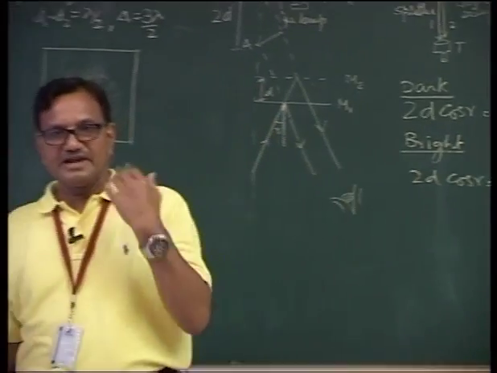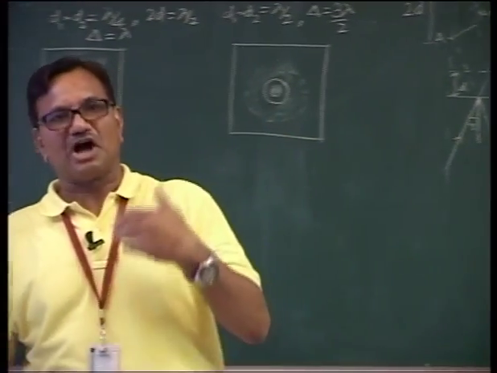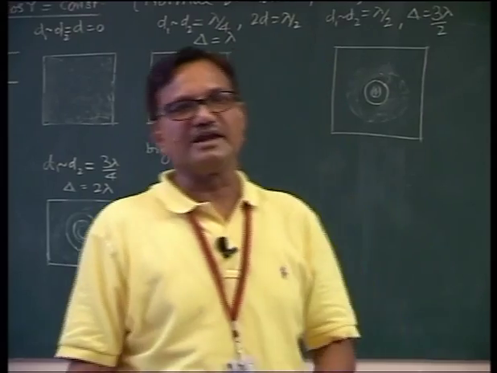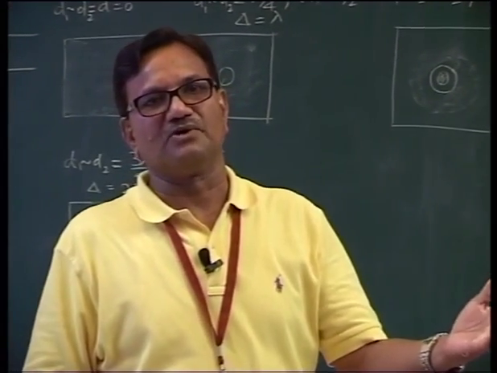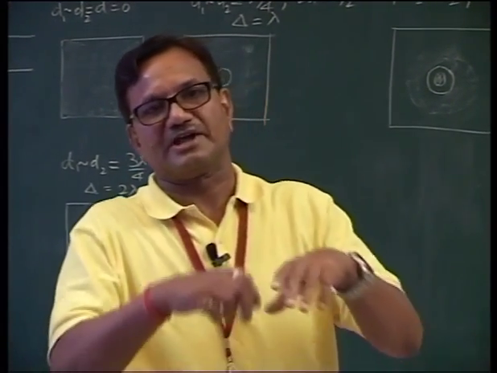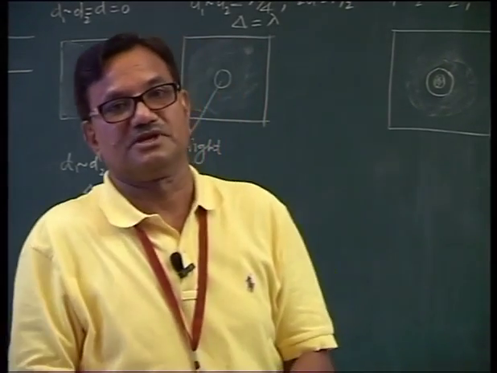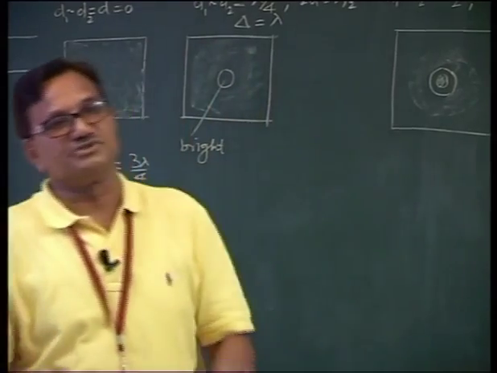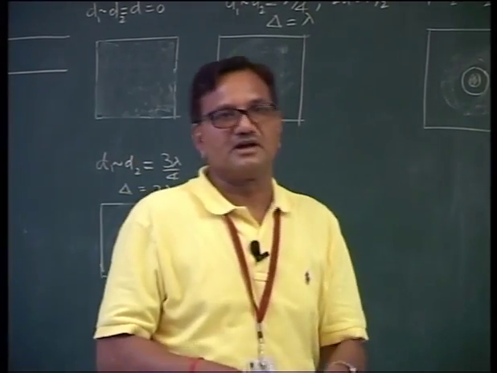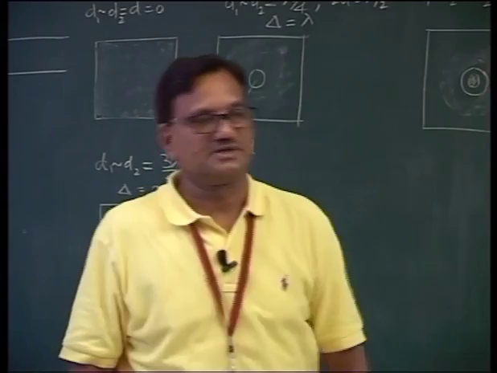Therefore, the ring at the center will be of the highest order ring and the ring at the circumference will be the lowest order ring. This is just the reverse of Newton's rings. In Newton's rings, we have zero order ring at the center and higher order rings at the circumference.